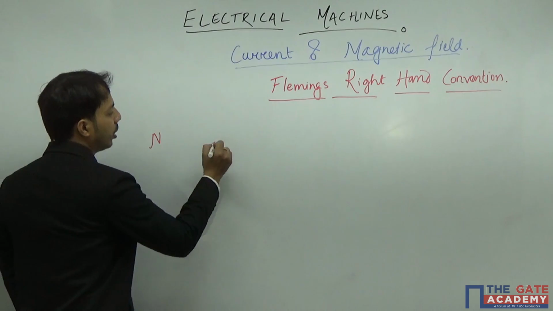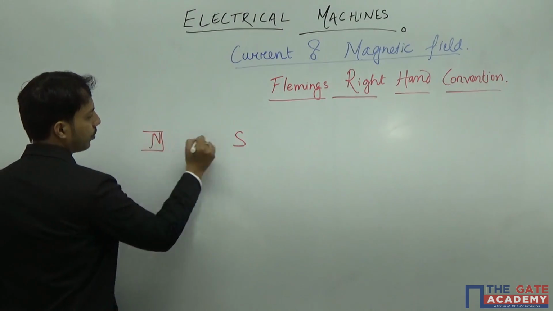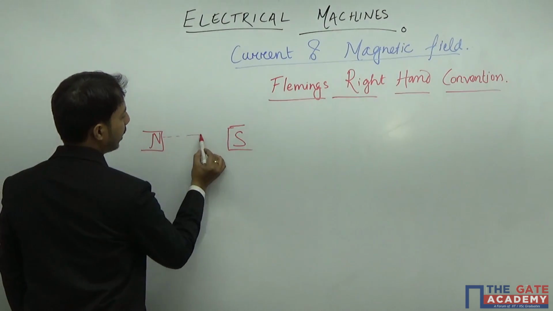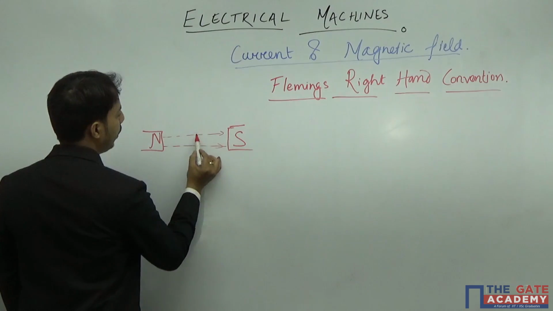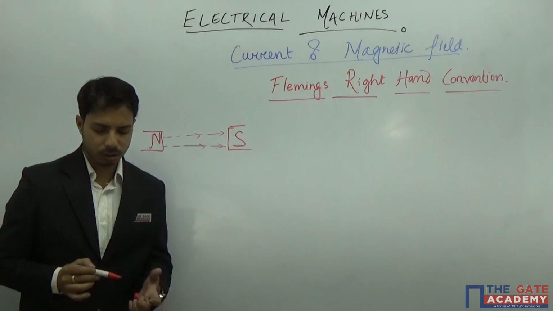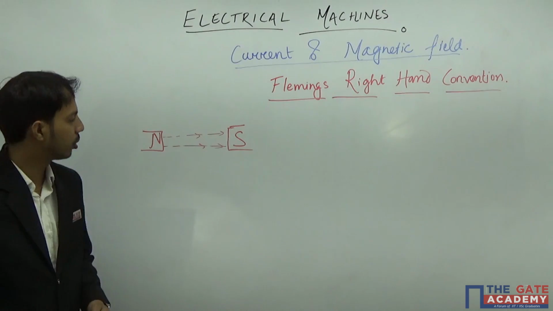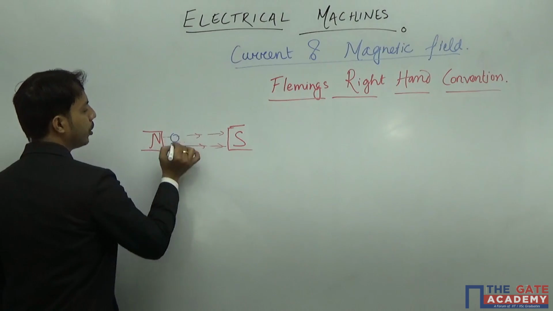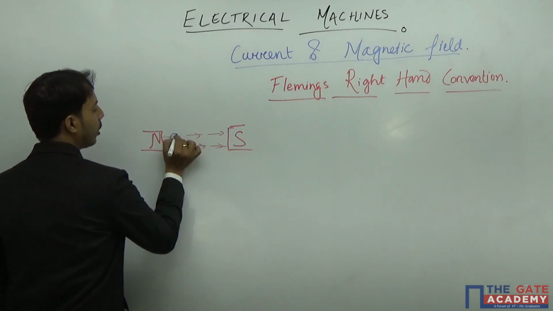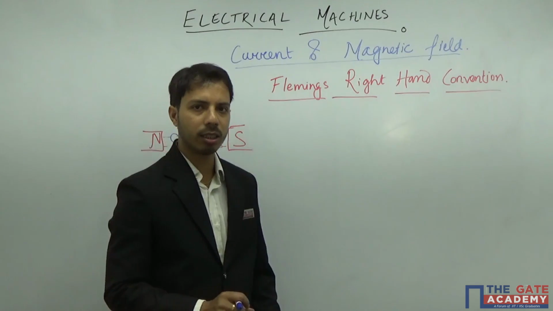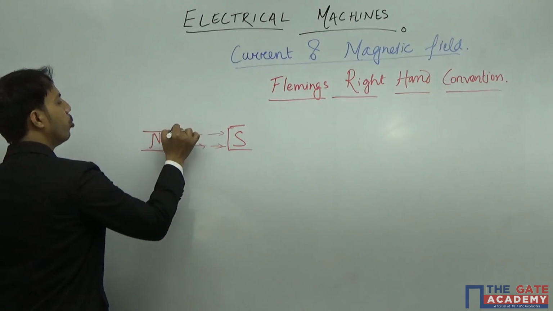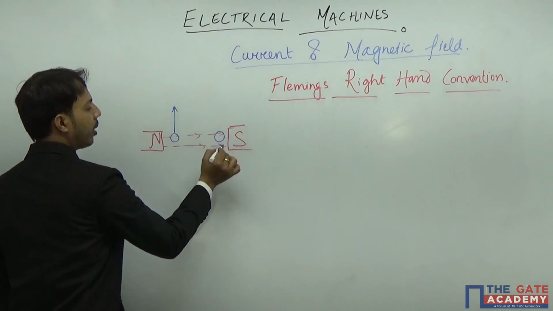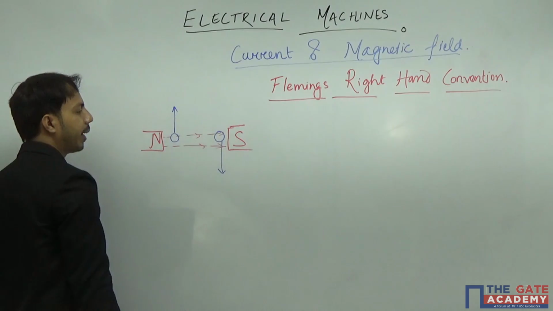Now to find that EMF, let us take an example. Suppose I have a north pole here and a south pole here, and this is the direction of my field. As we all know, the field flows from north to south outside the magnet. Now at this particular point, suppose I have a conductor, and this conductor is moving in this direction. And I have a conductor here which is moving in this particular direction.